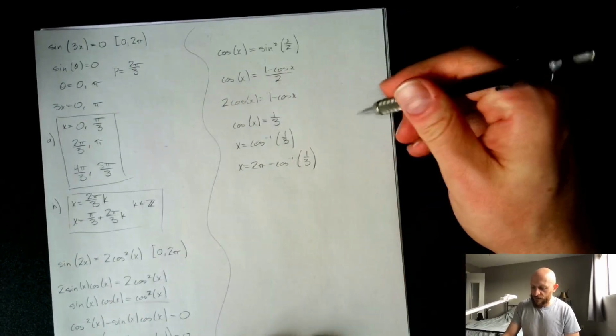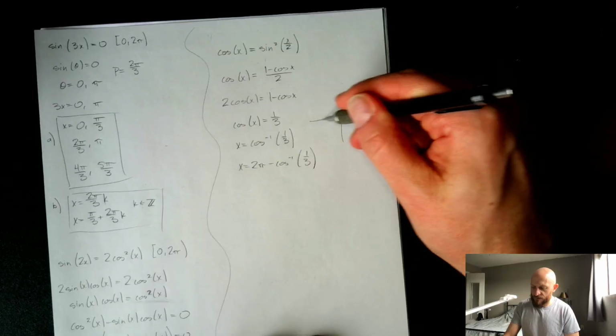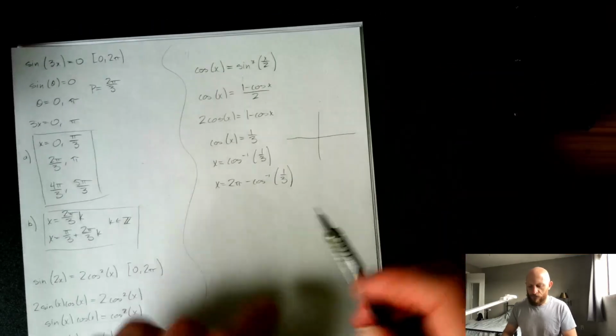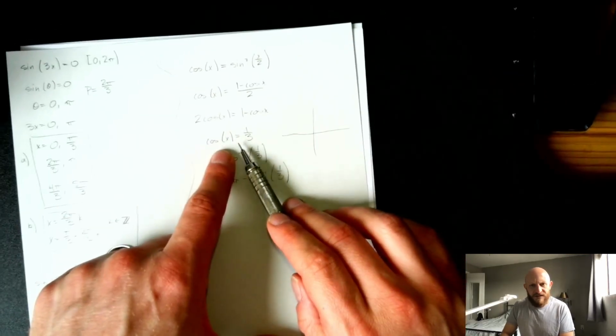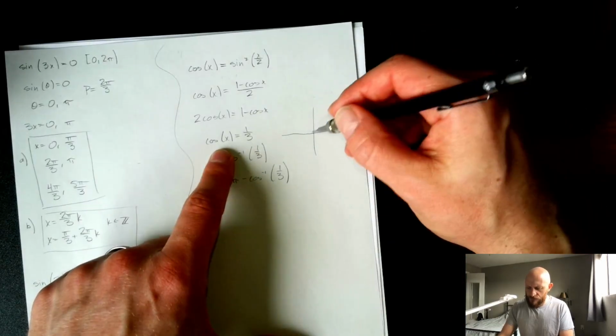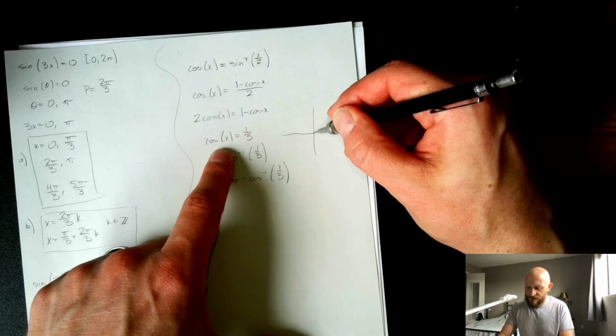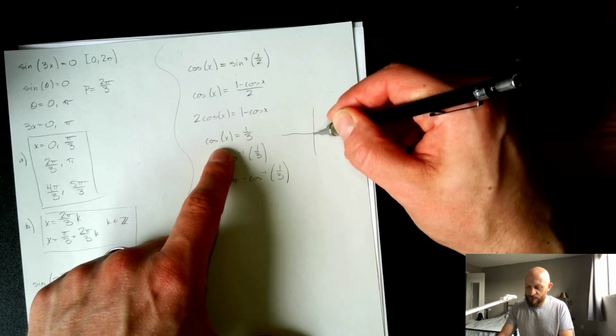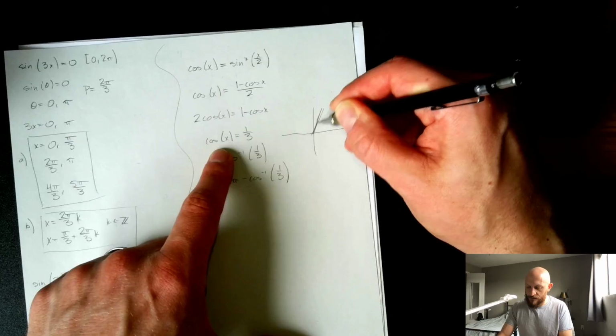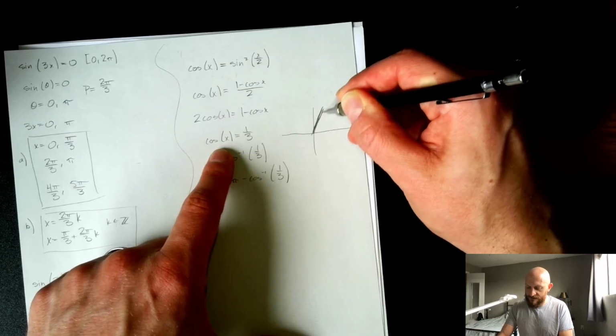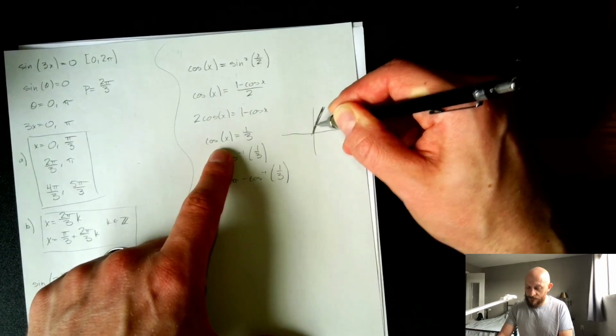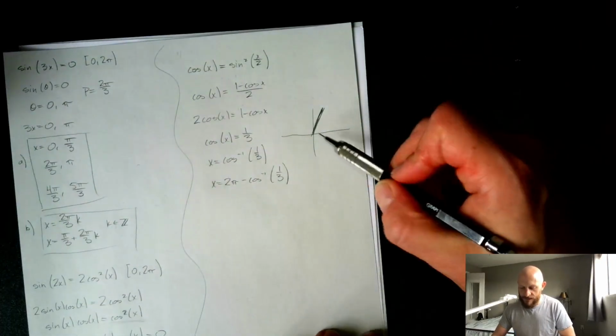Just a really quick justification of what I'm saying. We're solving where cosine of x equals 1/3. Cosine of x equals 1/2 at pi over 3, so it's a little steeper than that, so like right here. Geez, I can't draw a straight line.